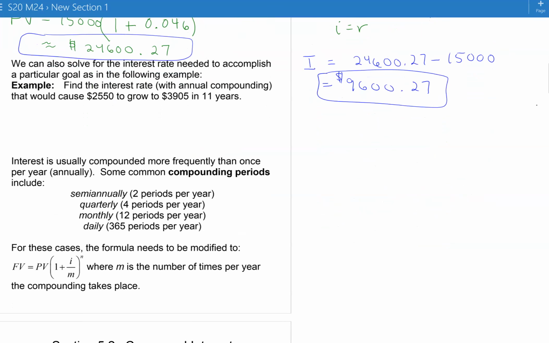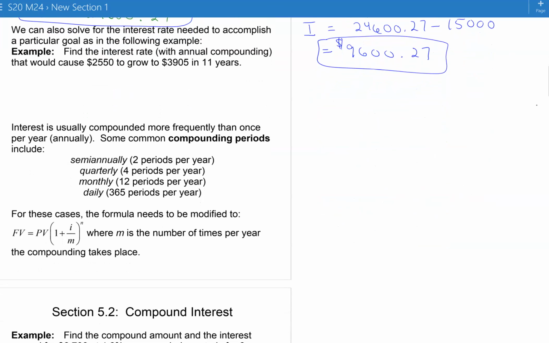We can also solve for the interest rate needed to accomplish a particular goal. So let's see how that would work. Find the interest rate to end up with $39.05 when you started with $25.50. You're going to have 1 plus your interest rate of R, compounded 11 times.